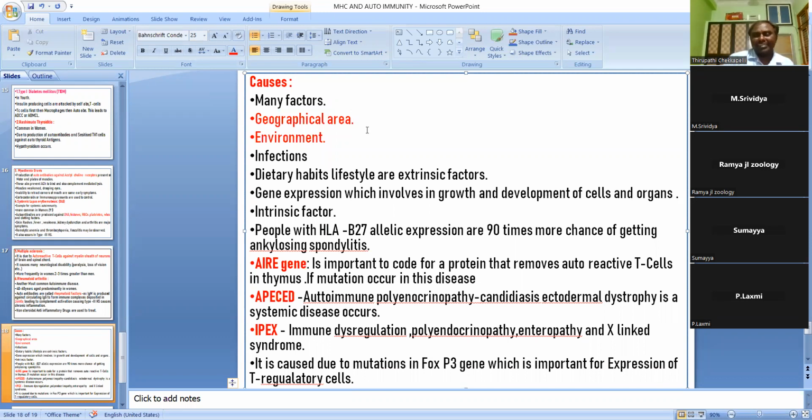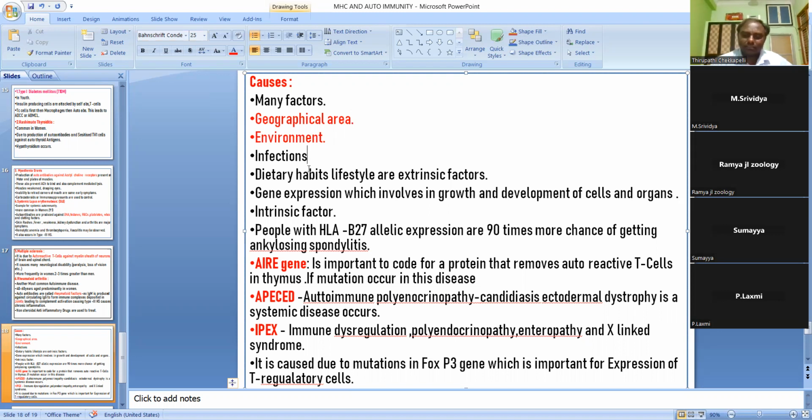Okay, so in industrial areas, due to inhalation of many carcinogenic harmful chemicals, in the food, water and air, those chemicals alter our DNA structure. That leads to the formation of deformed self antigens, or deformed or abnormal proteins. So that leads to autoimmunity. That is one of the reasons.